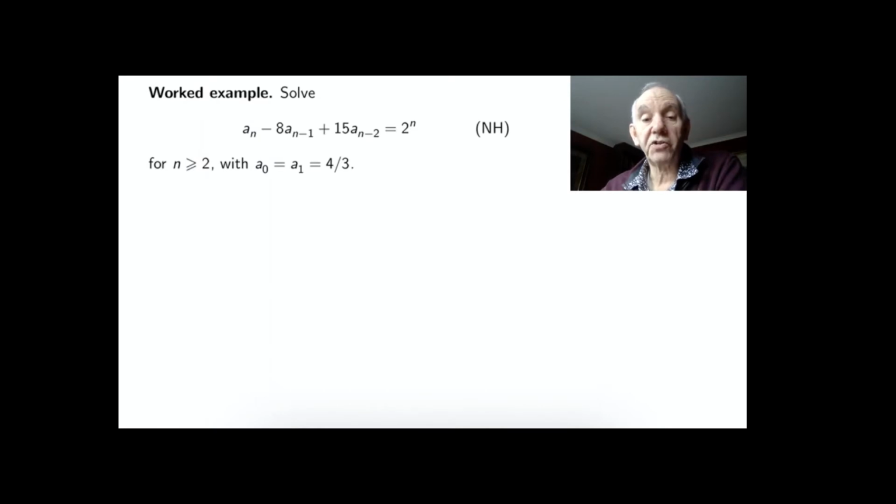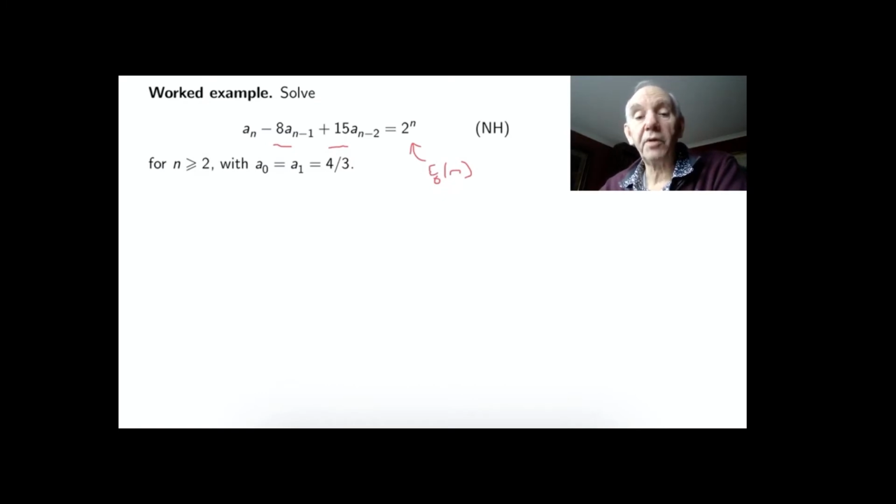Here we obviously have constant coefficients, because C1 and C2 are just constants, and I've been careful to put those on the left-hand side of the equation. And the extra term that in the previous slide I called C0 of n, in this case is just 2 to the power n.